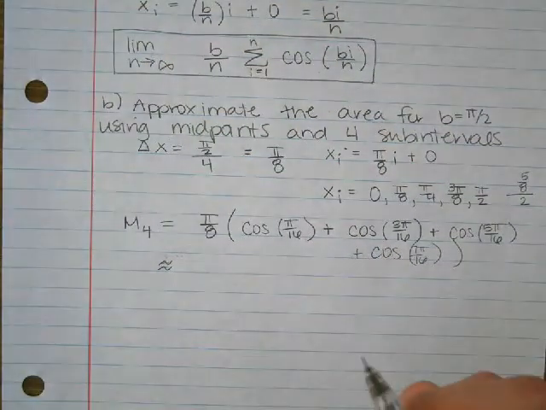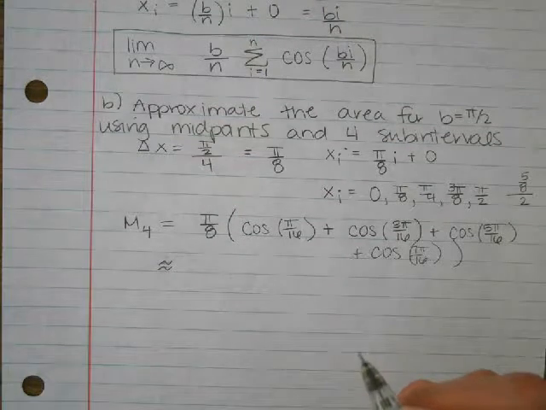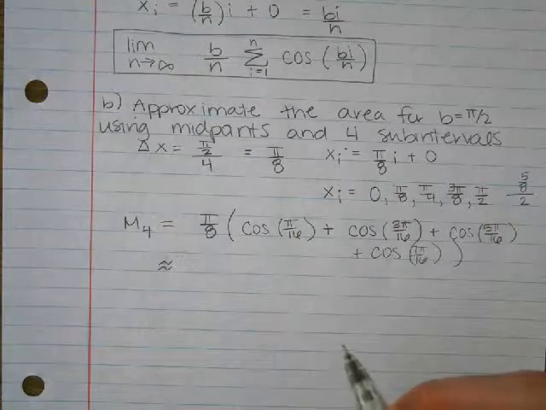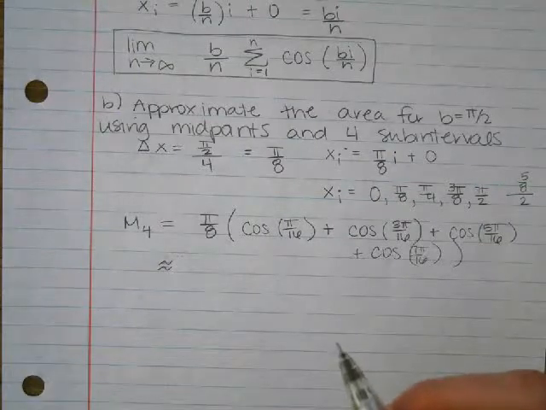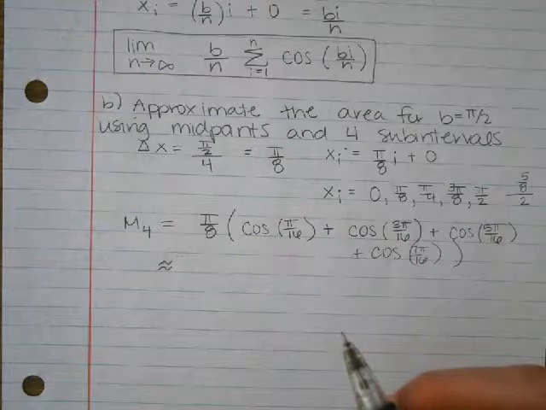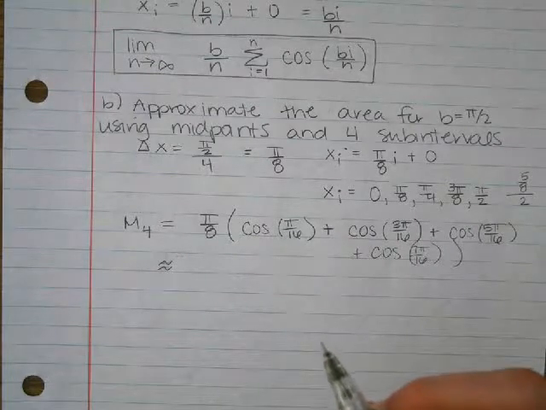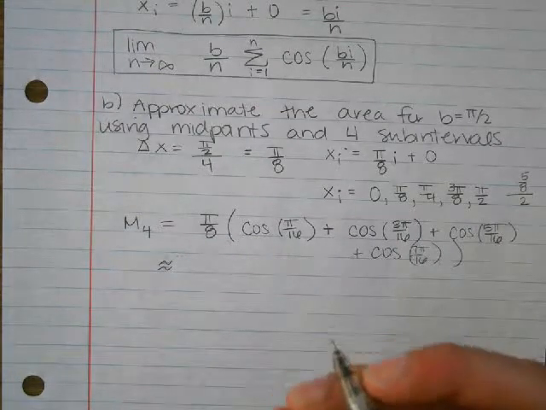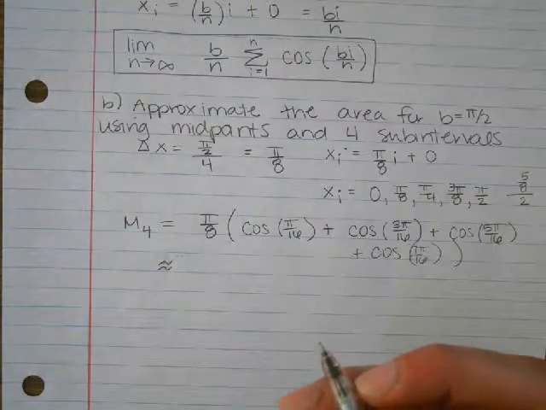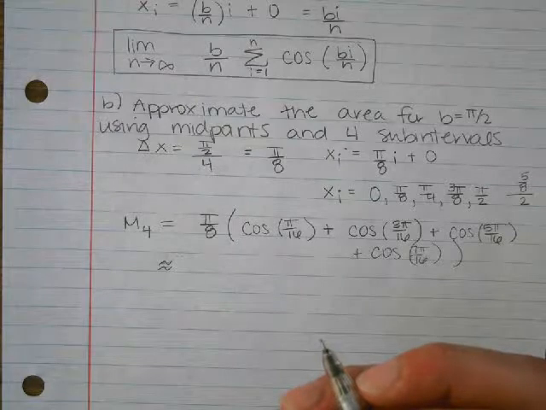Has anyone gotten it yet? Still typing it? Is pi 4 is 0.57? You're reasonably close. Not super close. I know.